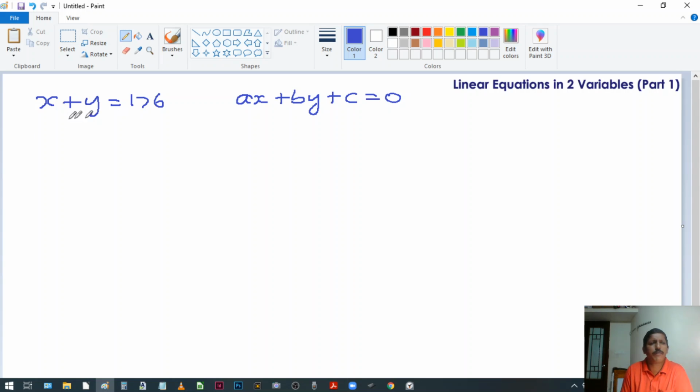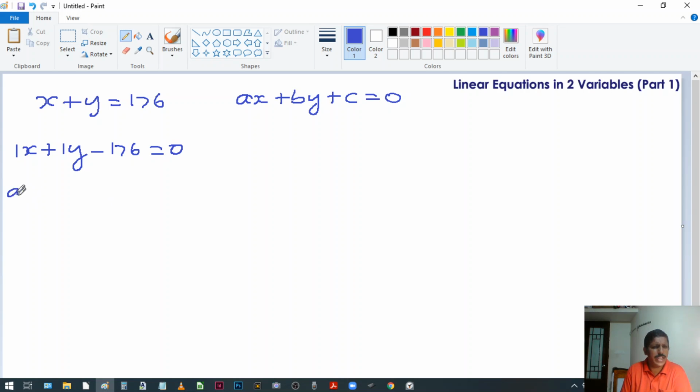Now let me convert this x plus y is equal to 176 into the same form. So 1x plus 1y, then take the 176 to the left hand side, that becomes minus 176 equal to 0.